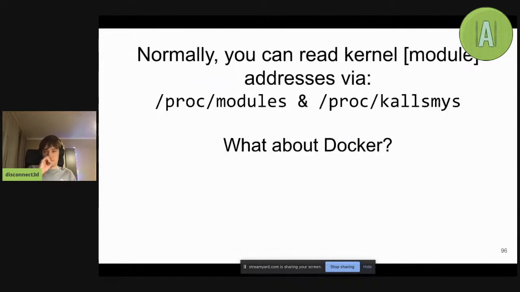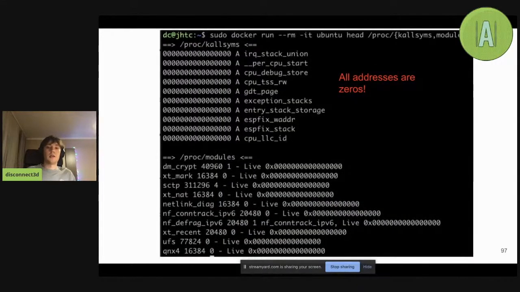It's probably worth mentioning that normally you can read kernel module addresses via the proc file system. There are those files called modules and kallsyms. But if we try this in Docker, the addresses will all be zeros, as you can see here. The addresses for kallsyms and for modules are all zeros. They are removed from us because we lack certain permissions, even though we are the root user.